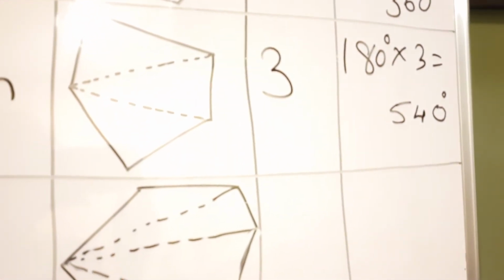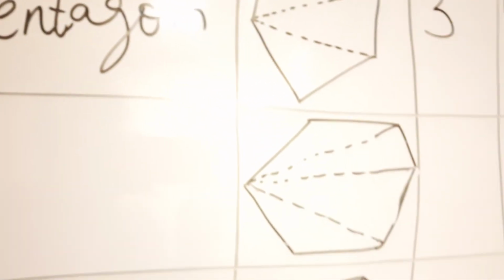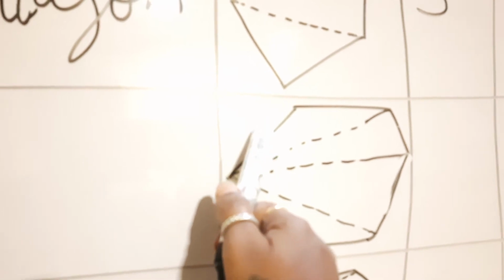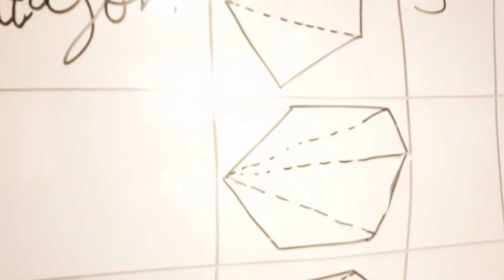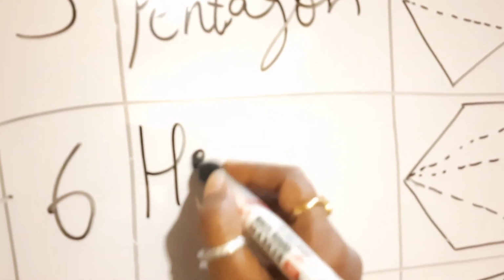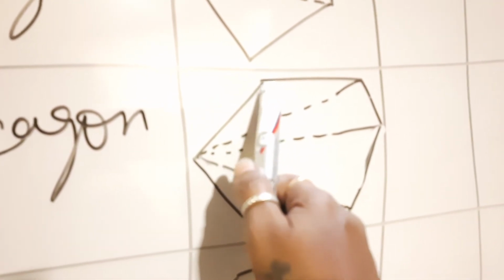Let's go on to the next figure, children. Count the number of sides: 1, 2, 3, 4, 5, 6. So it's a 6-sided figure, number of sides 6. A 6-sided figure is called a hexagon. How many triangles is it making? 1, 2, 3, 4.